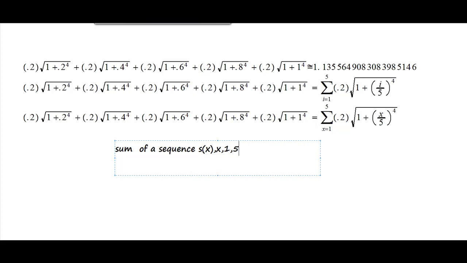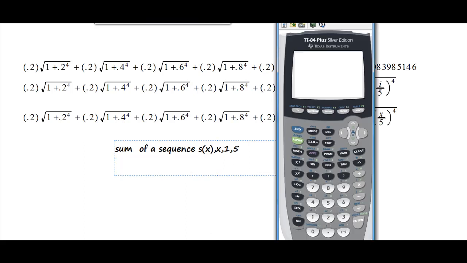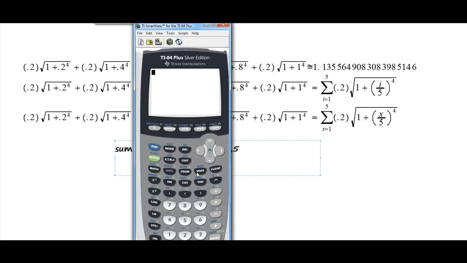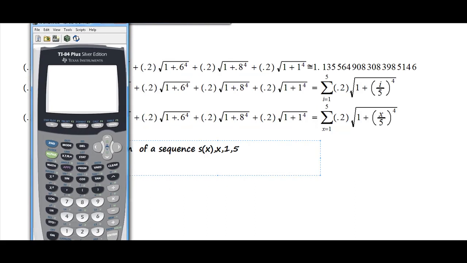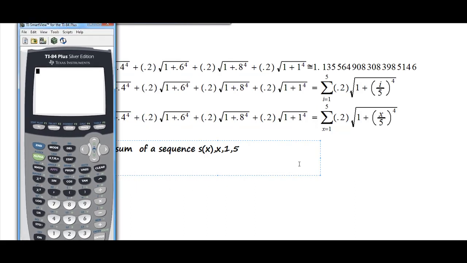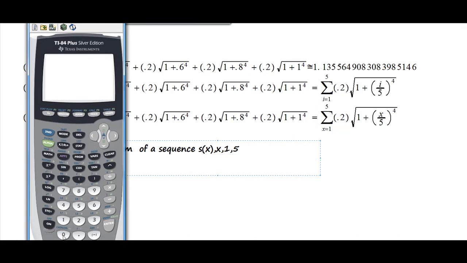5. So let's pull up the calculator. It's right here. Now we want to compute the sum of this sequence given by this. We can look for these from the catalog, but in this case if you just went to the list option, go to math, this sum is right here. Then go to list again, go to options, the sequence is right here.